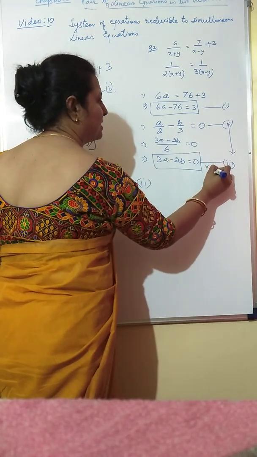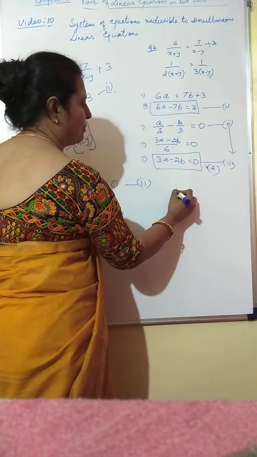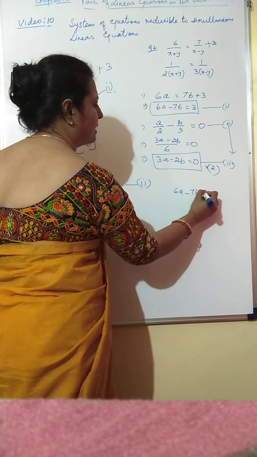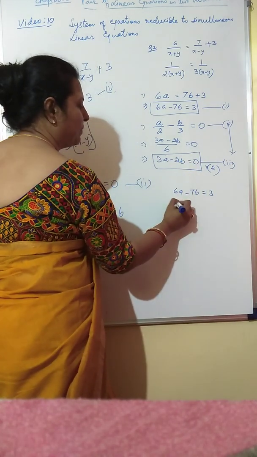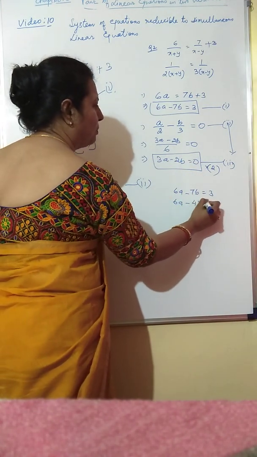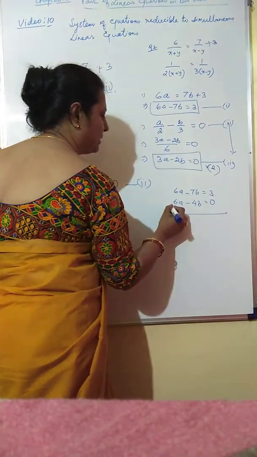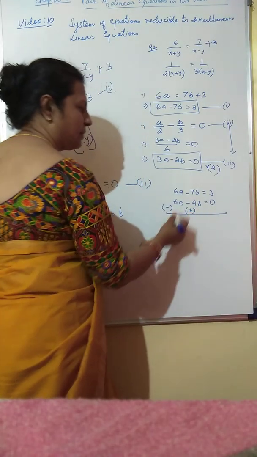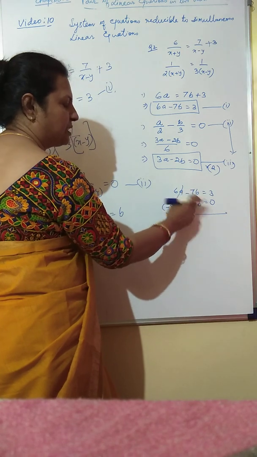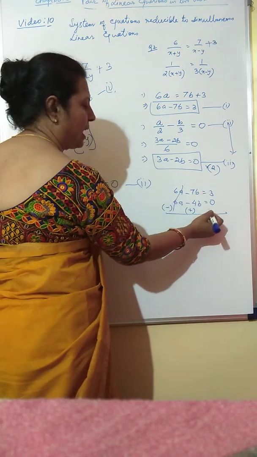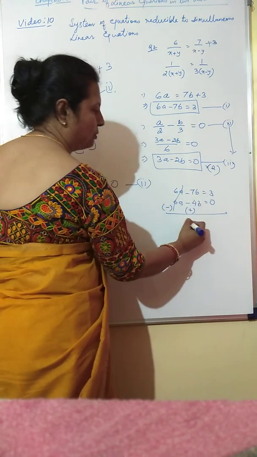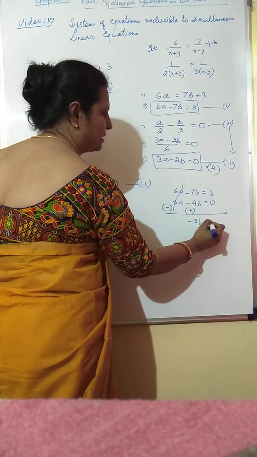I will be multiplying this by 2 because this is simpler. So see what happens. It is 6a minus 7b is equal to 3 and 6a minus 4b equal to 0. Then we subtract. This cancels. This is minus 7 and plus 4, so you get minus 3b is equal to 3.